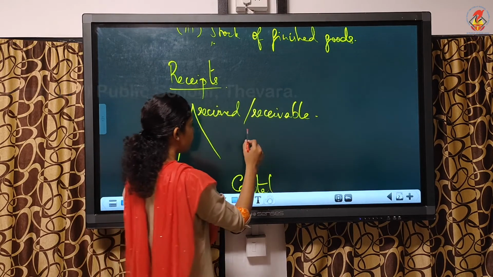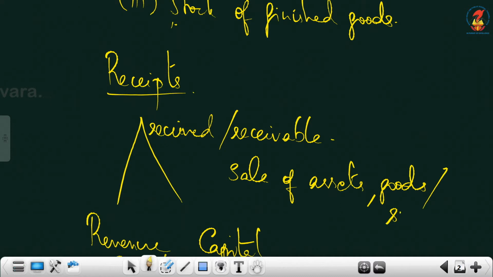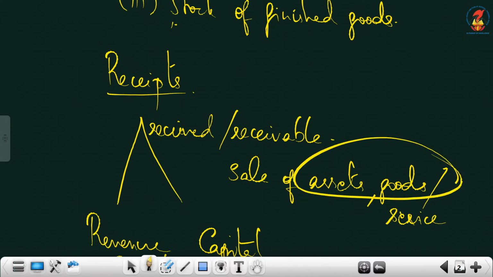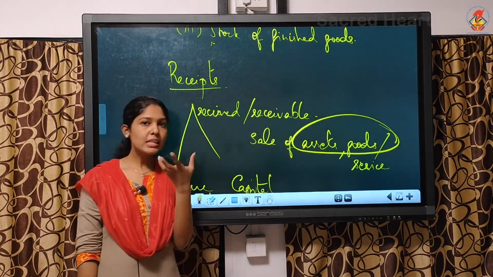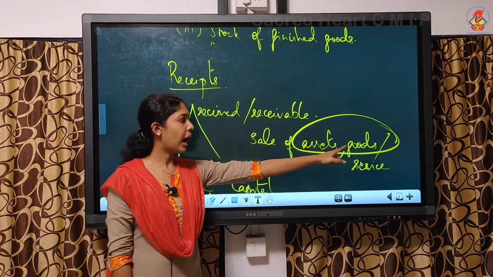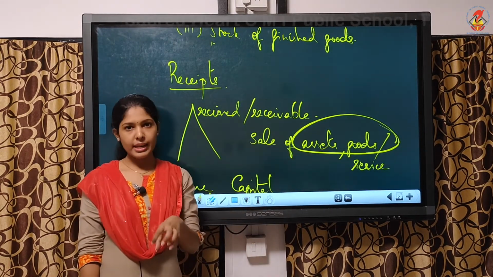Amount received or receivable against sale of assets, goods, or if it is service rendering, you can write service. Usually we will be dealing with assets or goods. Now I wrote sale of assets, then goods. Goods means basically the stock, which will come under the term asset. Goods or stock, that is also an asset.